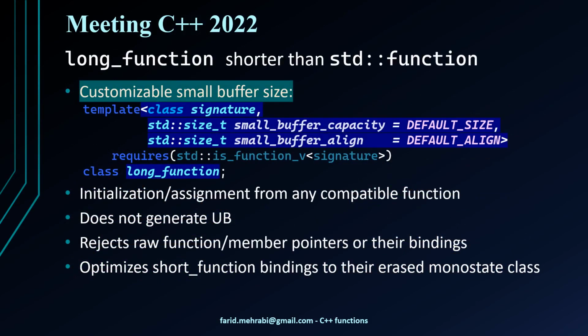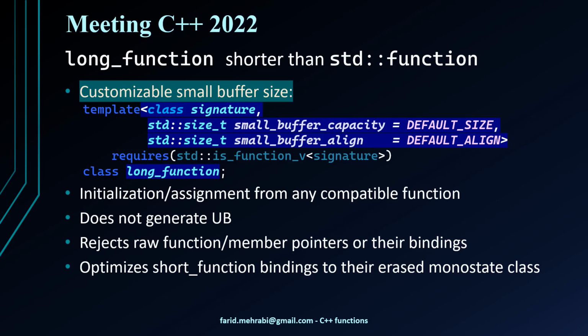Next, we can define a long function. It is a counterpart to the current std function, which is supposed to have less memory footprint. In order to achieve this less memory footprint, we should let the size of the small buffer and its alignment be controlled by the user code.